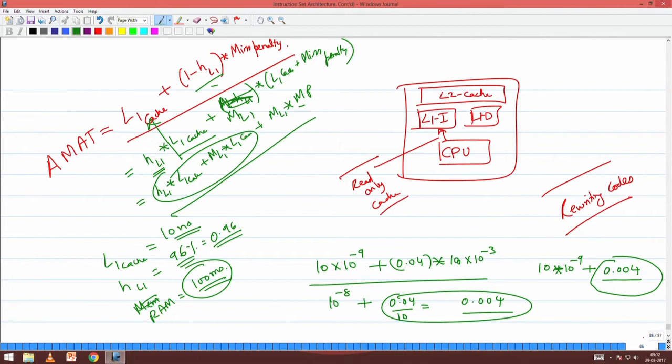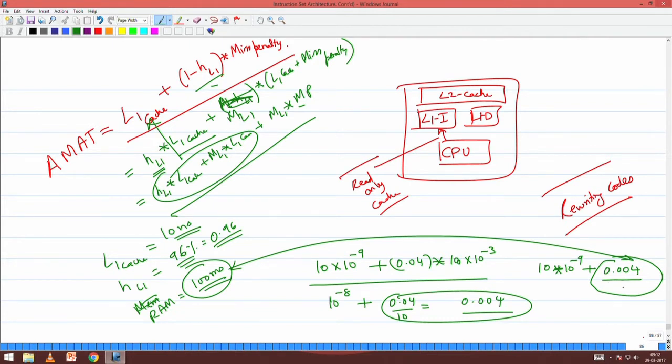But since I have cache, I have reduced it from 100 milliseconds to some 0.004, that is 4 milliseconds. I have got 1 by 25th, our speed up is 25 times, by Amdahl's law. You all remember Amdahl's law, right? Speed up now becomes 0.004.